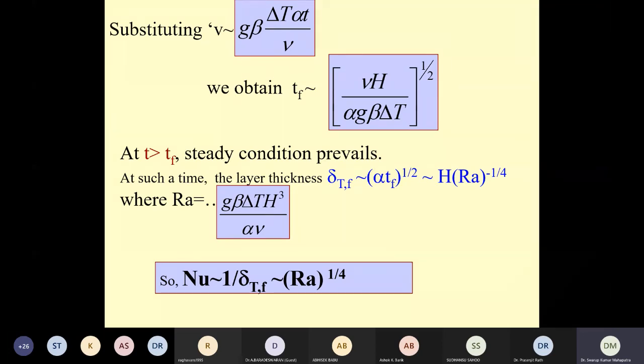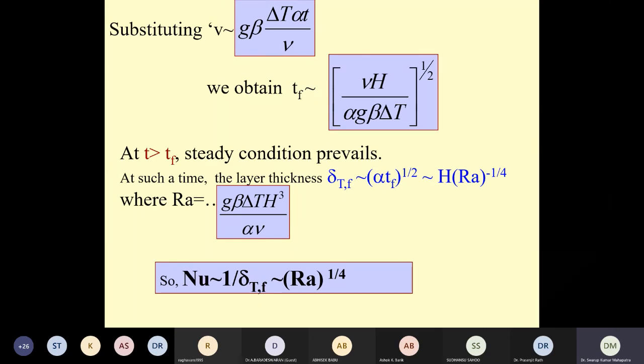And after a few moments, inertia comes into the picture. So at the end, when you club the major terms of the big equations, we are able to solve and predict that Nusselt number happens to be a function of Rayleigh number.